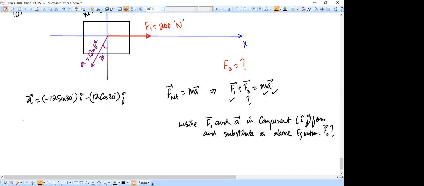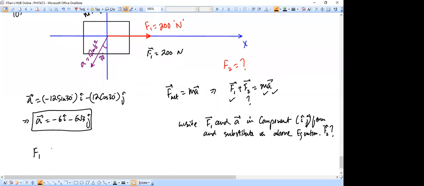So the acceleration vector will be minus 6 I cap minus 6 root 3 J cap. And F1 already you can see. So F1 plus F2 should be equal to MA.